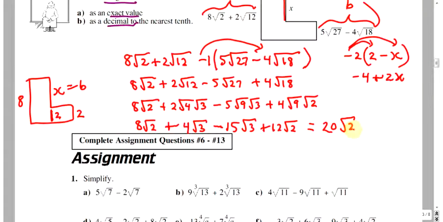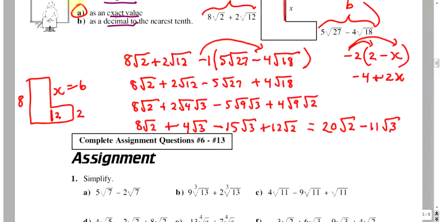All right. Root 3's. I have 4 root 3's minus 15 root 3. How many root 3 is that? Minus 11 root 3. That's A. That's an exact answer.